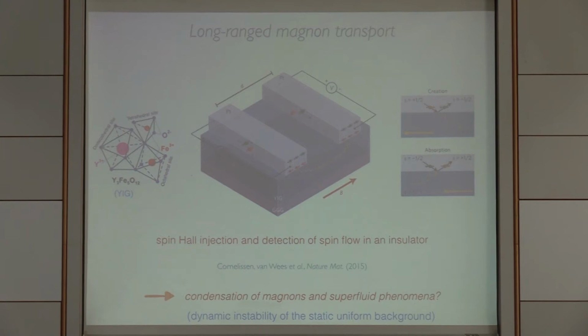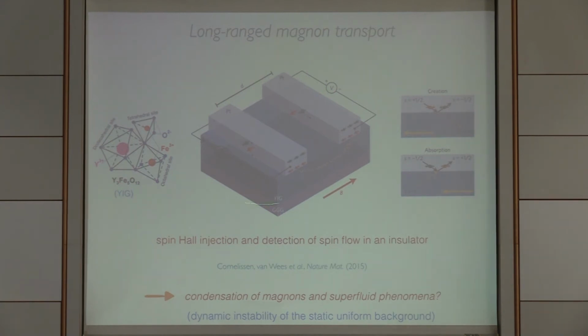The fact that the Gilbert damping, the damping of magnetic dynamics, is low, and the lifetime of magnons is long, allows one to design this kind of experiment in which you use metal contacts that inject spin via the spin Hall effect. That spin propagates over long distances, experimentally at room temperature up to tens of microns or so, and can be detected non-locally by another normal metal contact that converts the spin current at this interface into voltage by the inverse spin Hall effect.